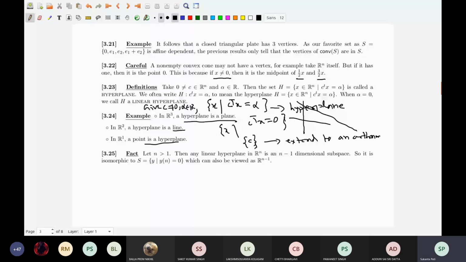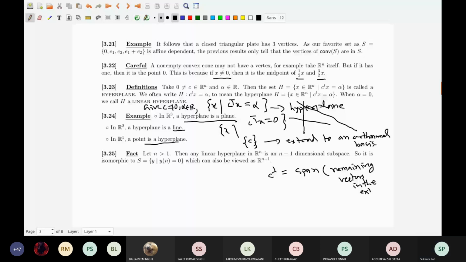In that case, this C perp, the perpendicular, will be the span of the remaining vectors in the extension to a basis.